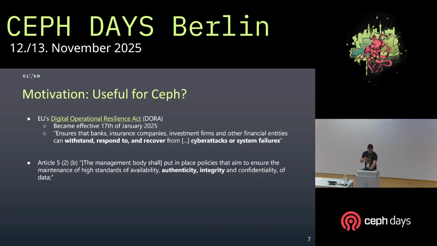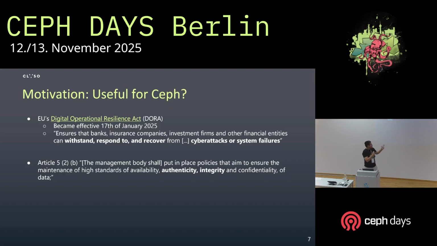And there you can read a quote that says, the management body shall put in place policies that aim to ensure the maintenance of high standards of availability, authenticity, integrity, and confidentiality of data.